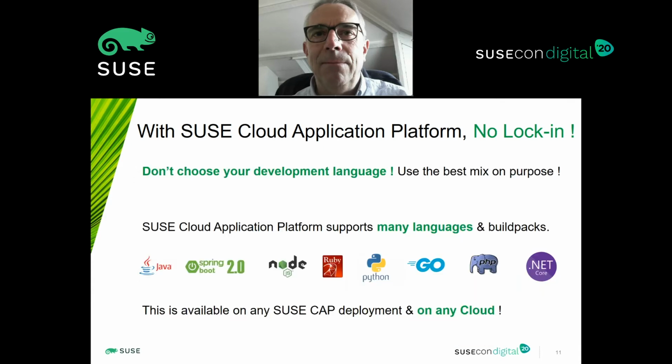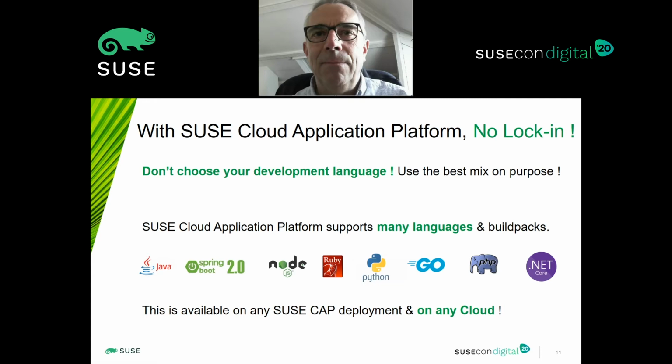Another direction in the lock-in is the languages. The CAP implements an efficient and cost-effective platform for your developments and for your production workloads. Thanks to the long Cloud Foundry experience, many buildpacks exist for many languages, and these buildpacks help in automating the building and deployment of your apps in various languages with a similar experience.